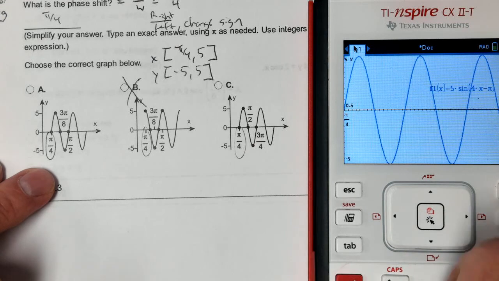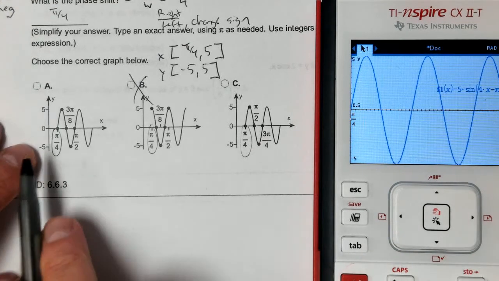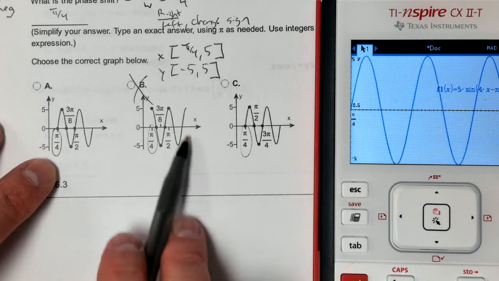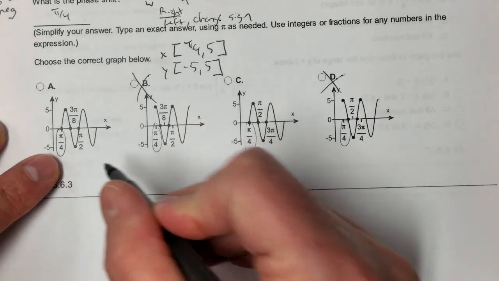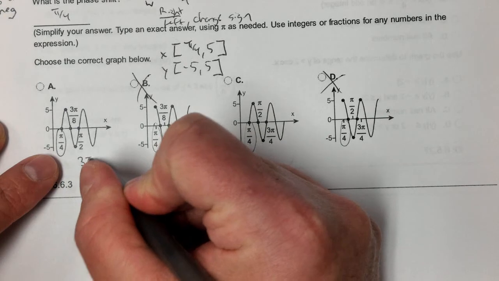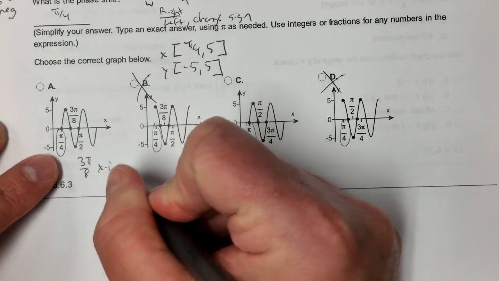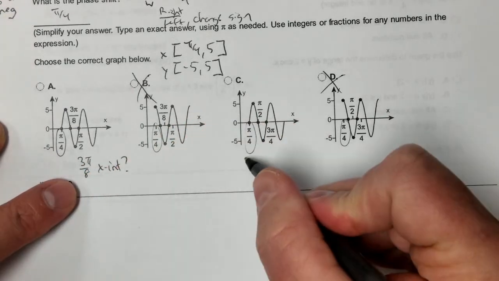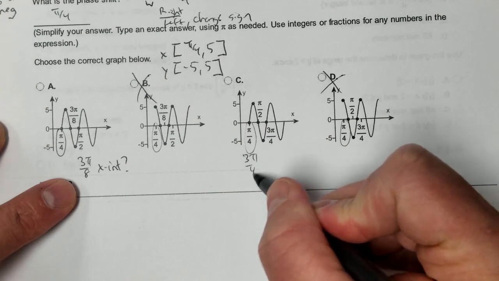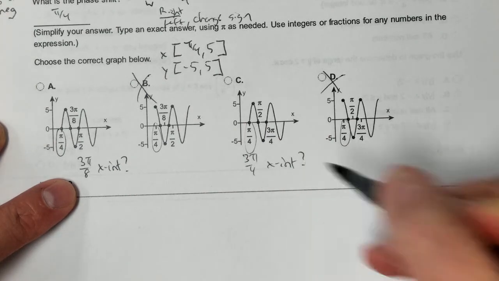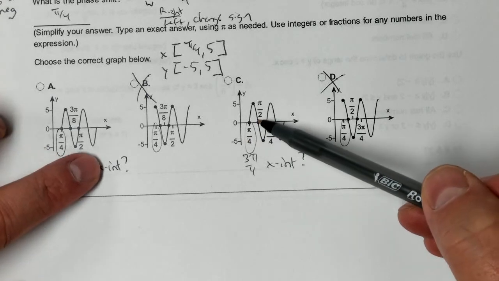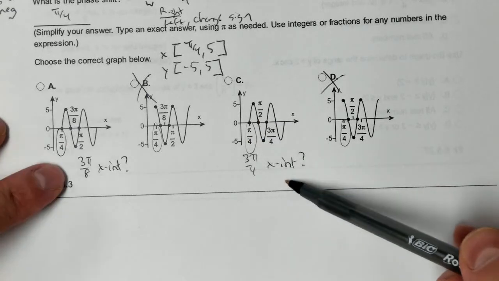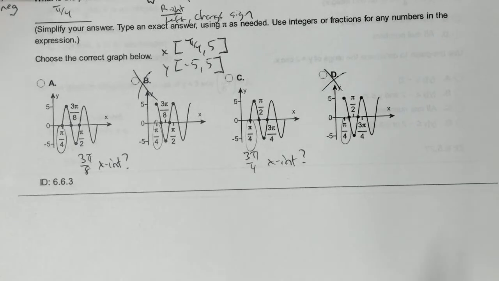Okay, so then our next step is, remember these numbers represent x-intercepts. So the main question is: is 3 pi eighths an x-intercept? Is 3 pi fourths an x-intercept? Because both of them have pi fourths and pi halves, so we just have to decide on those.